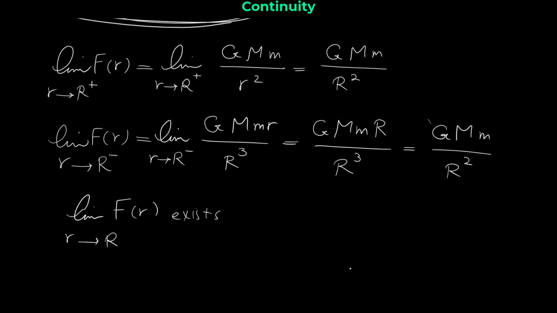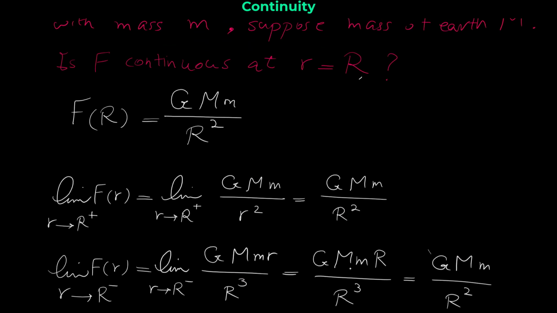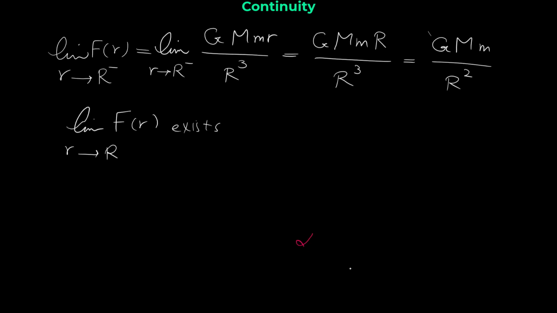This shows that the limit exists and it equals the value, so the function is continuous. So all of these calculations show that the function f of r is continuous at r equals capital letter R.